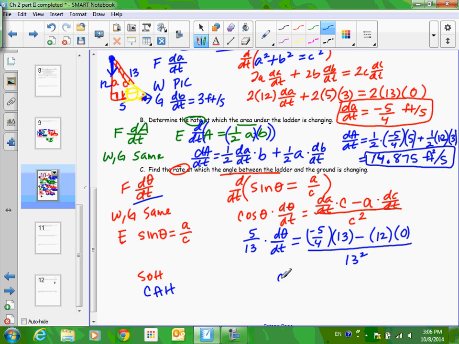Do what you need to do in your calculator. Okay, you will get negative 1/4. Now, for theta, you might be tempted to write degrees, but in calculus, we're never in degrees. What are we always in? Radians. So I'm going to write radians per, and then our time on this whole problem has been in seconds.